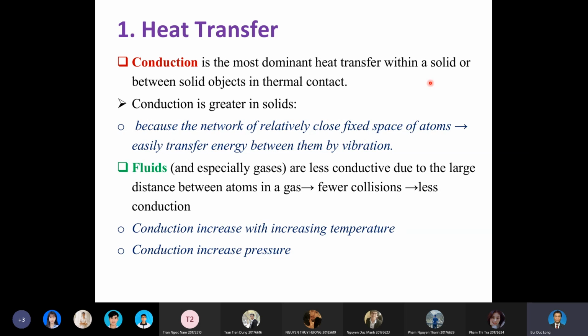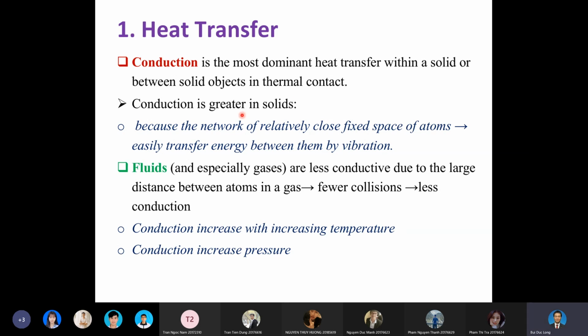So why is it dominant in a solid? The question is why heat conduction is higher in solids but less in liquids or gases. Conduction is greater in solids for some reasons.